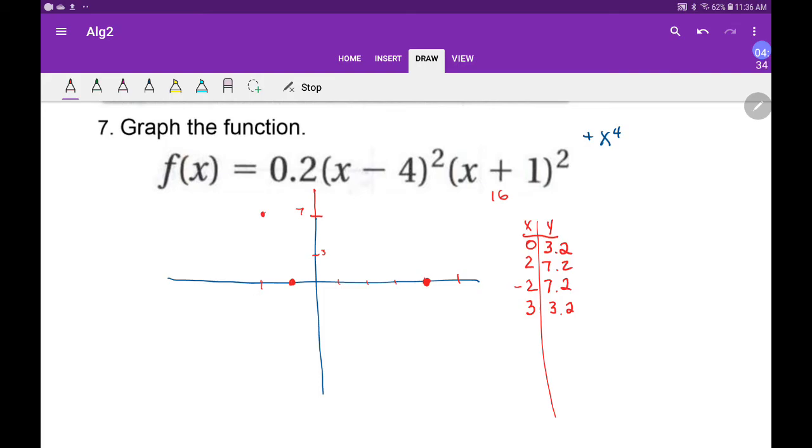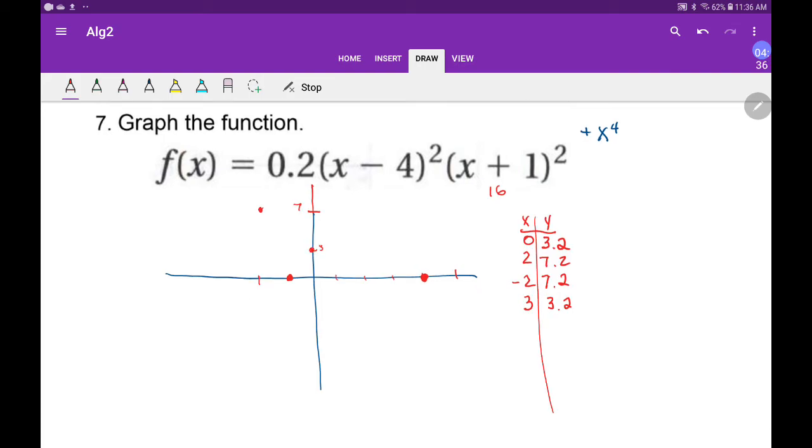And at 0, I'm down here at 3.2 or so. At 2, I'm back up here at 7 something, 7.2. At +3, I've gone back up a little bit here. Okay? So I can go ahead and sketch this to the best of my ability.